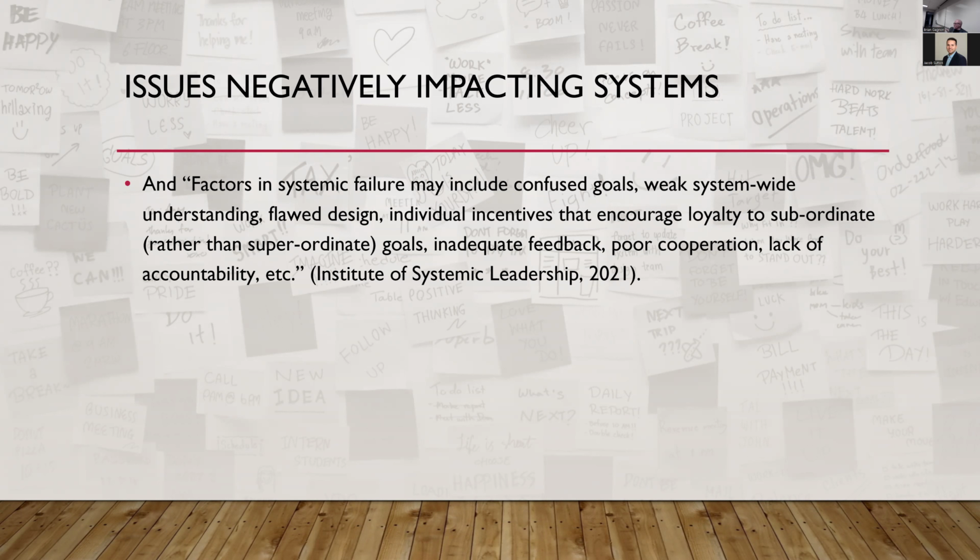Most of that is pretty straightforward, but the subordinate goals versus the superordinate goals. Okay, so a system could fail because we don't understand the goals of the system, what the mission and vision are for that system, for that organization, that team. We have to understand that the system, the organization, creates the goals for that whole organization.